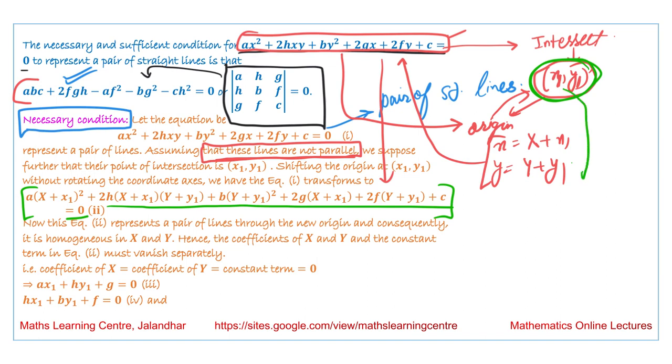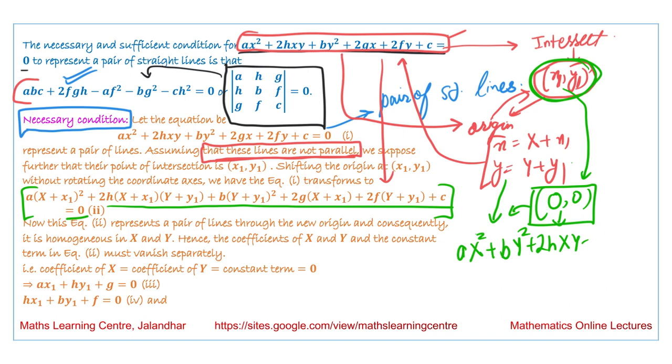When the origin is shifted to this point, their point of intersection is now 0 0, and we know that a pair of lines intersecting at 0 0 is a homogeneous system. The new equation will be of the form ax square plus by square plus 2hxy is equal to 0, because this is the system of equations which intersect at the point 0 comma 0.